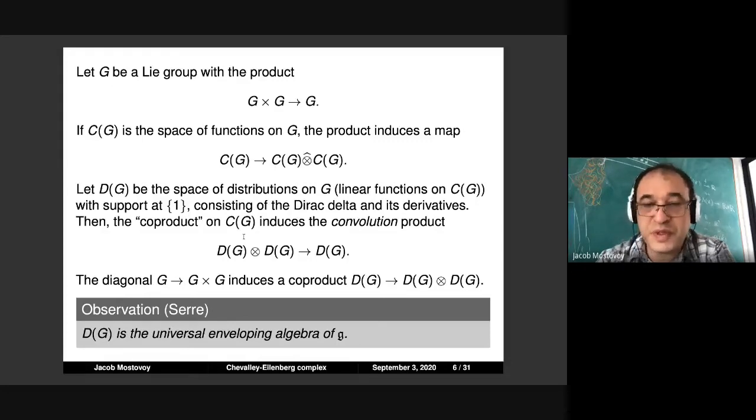So this is a wonderful construction. And one thing that is particularly pleasing about it is that we don't need to know what a Lie algebra is in order to construct its universal enveloping algebra. We get this universal enveloping algebra directly from the group.